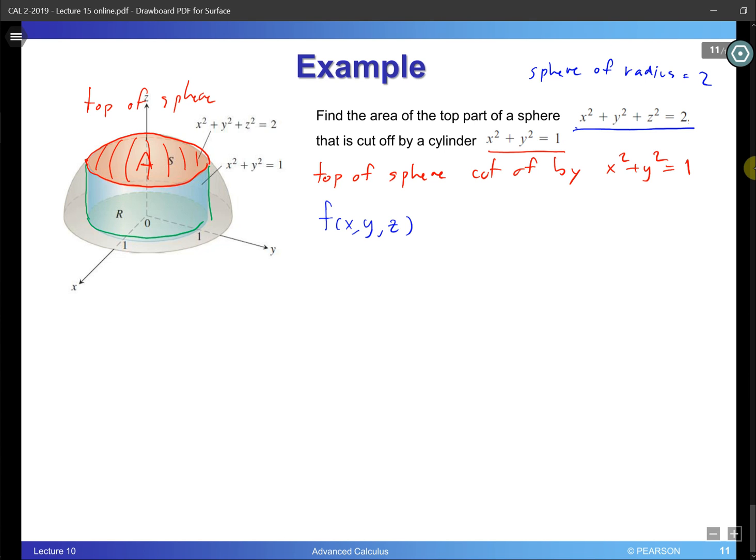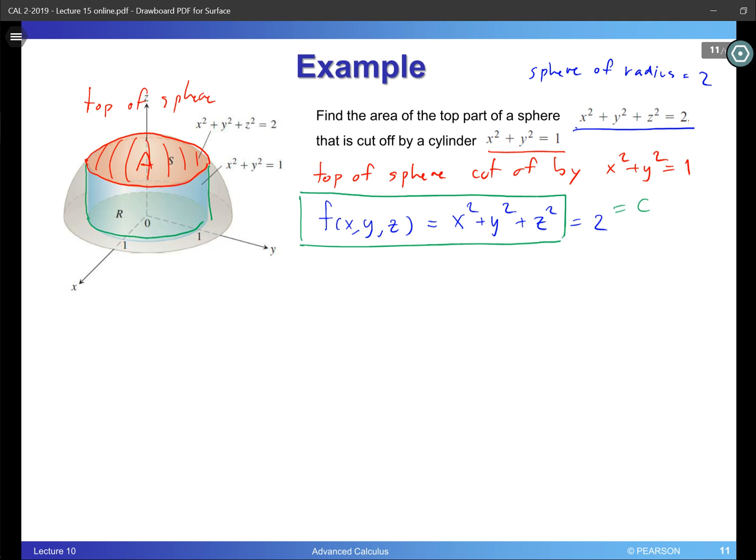Okay, and it's going to be equal to x squared plus y squared plus z squared, and that's equal to 2. Alright, so the equation that we are looking for is this. In this case, c is equal to 2, but the example before this one, c equal to 0, so it's okay.